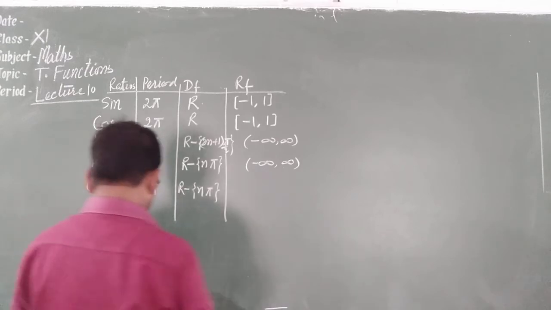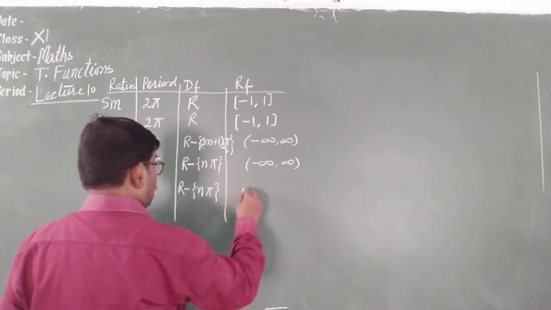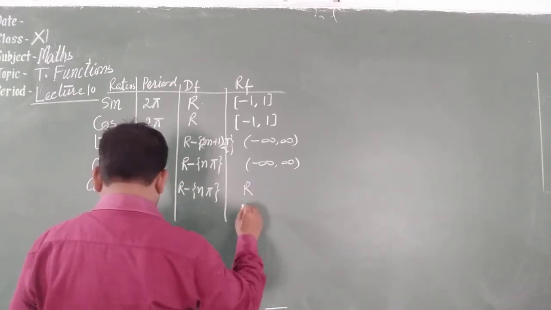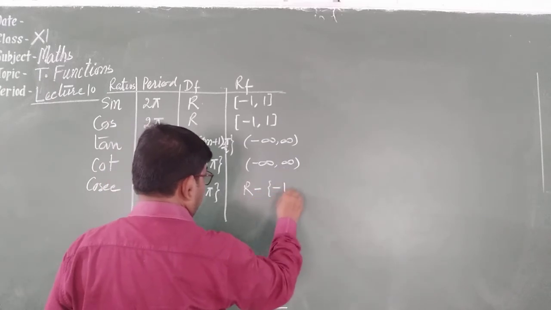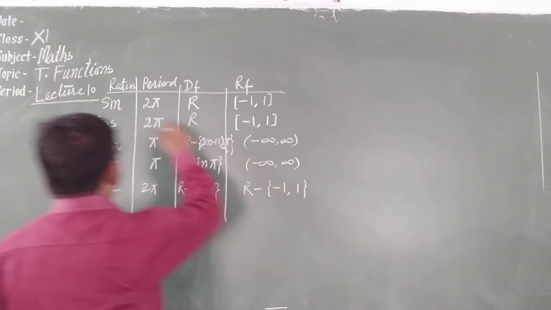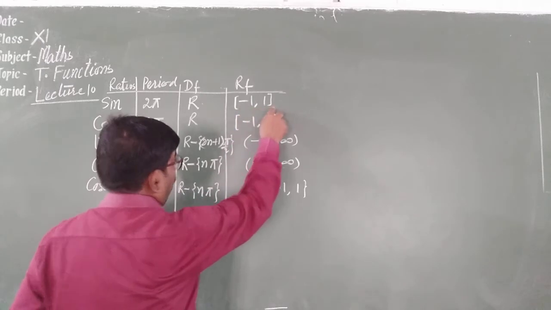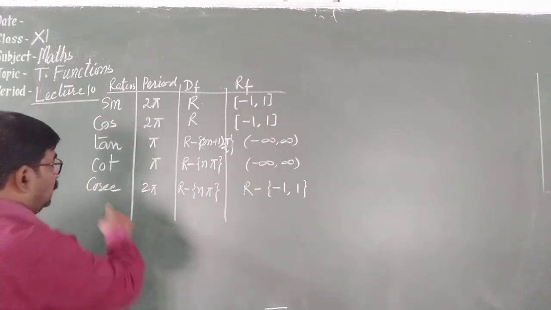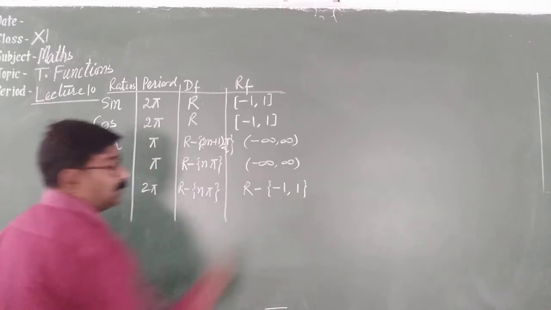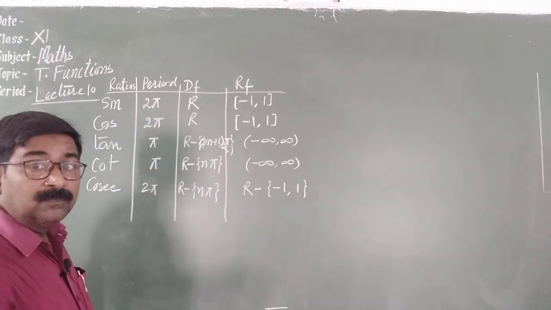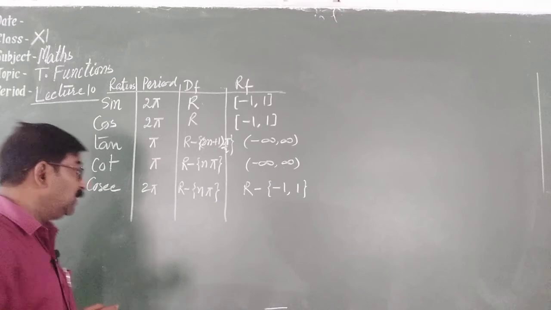Its range is R minus (-1, 1), because sine's range is -1 to +1, so the cosec range is all real except this, because 1 upon 0 is ND, not defined.